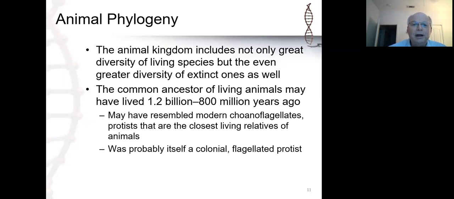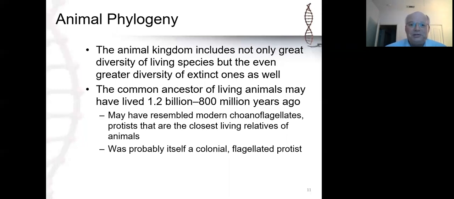Now notice here on the slide that there is a window of time, nearly a 500 million year window for the possible time frame when the common ancestor of all animals first emerges.